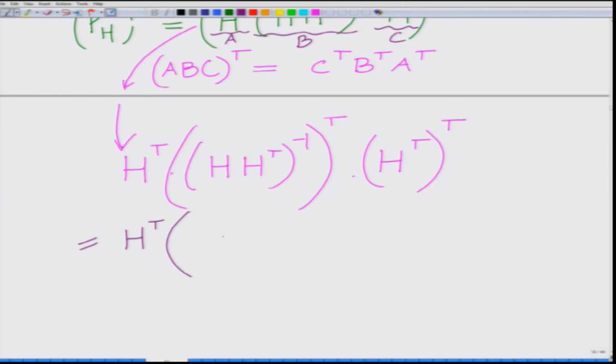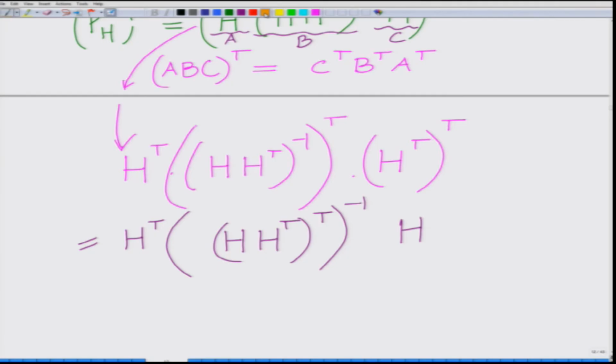Now, the transpose of an inverse is basically the inverse of the transpose, so I bring the transpose inside and the inverse outside, and H transpose transpose is H.